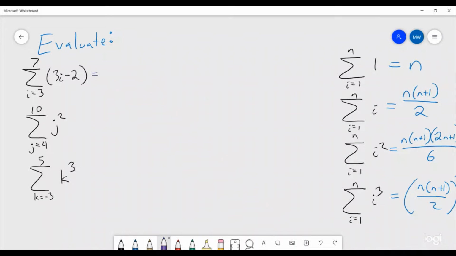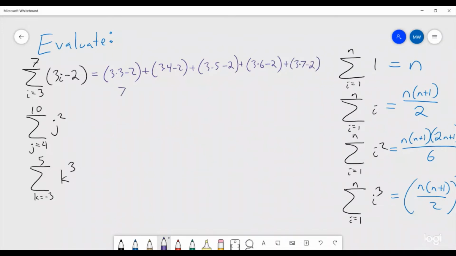So when i is 3, we get 3 times 3 minus 2, plus 3 times 4 minus 2, plus 3 times 5 minus 2, plus 3 times 6 minus 2, plus 3 times 7 minus 2. And now we just evaluate each of these things.